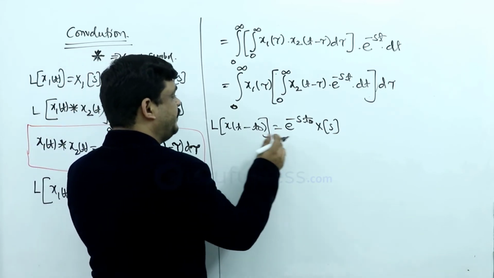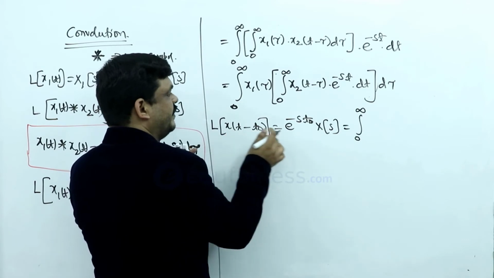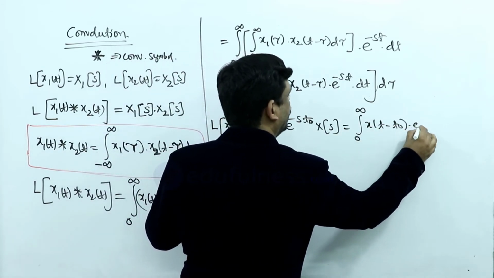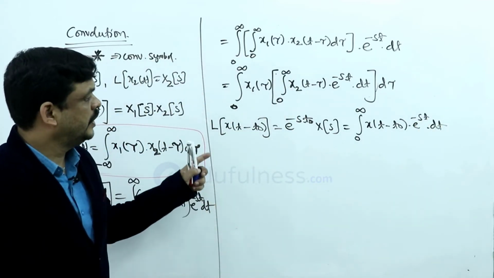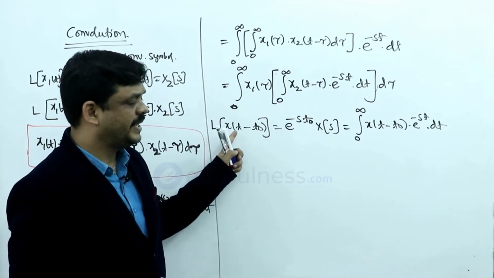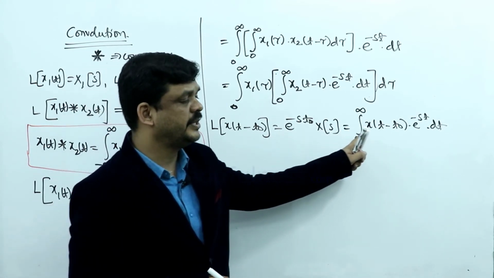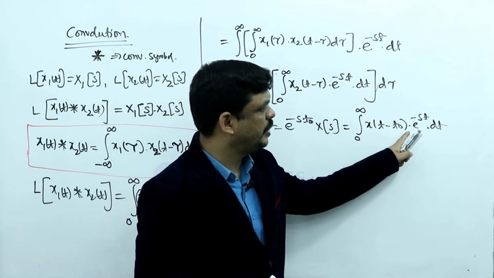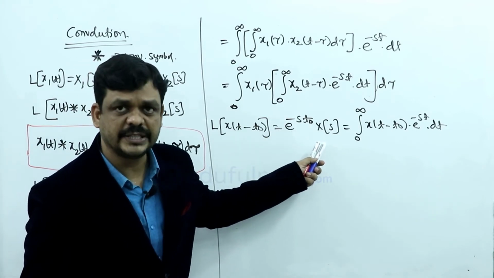The functional representation is the integration from 0 to infinity of x of t minus t naught into e to the power of minus st dt. We have already derived this equation in the shifting property. So integration from 0 to infinity of x of t minus t naught into e to the power of minus st dt becomes e to the power of minus st naught into x of s.